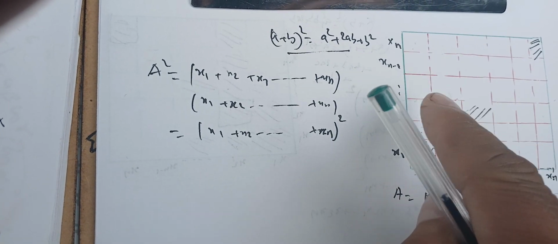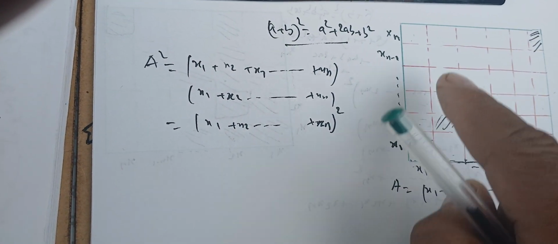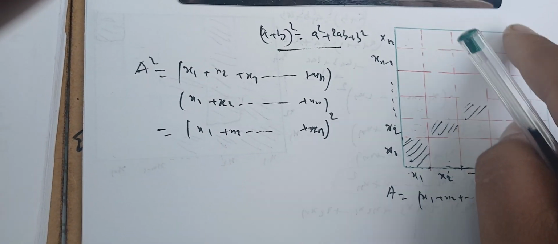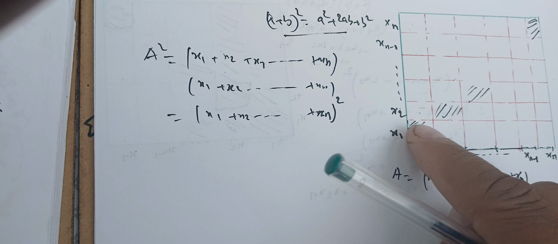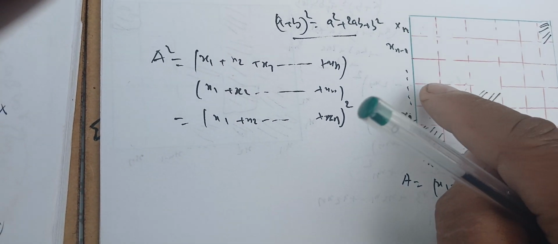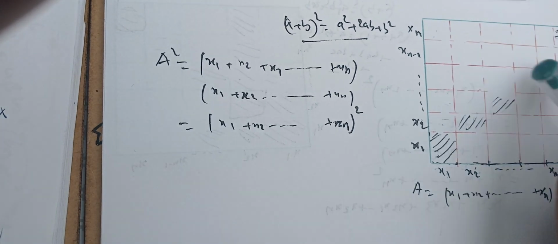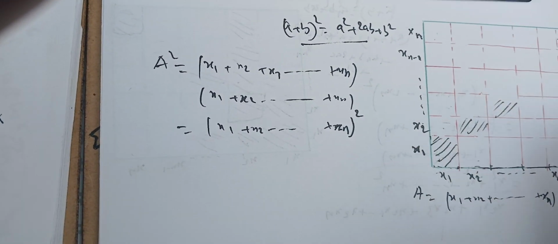So the sum of the area of the square is the area of this rectangle plus this one plus this one plus this one. We can also sum them using these rectangles here, in the same manner. But there is another technique that we can use.